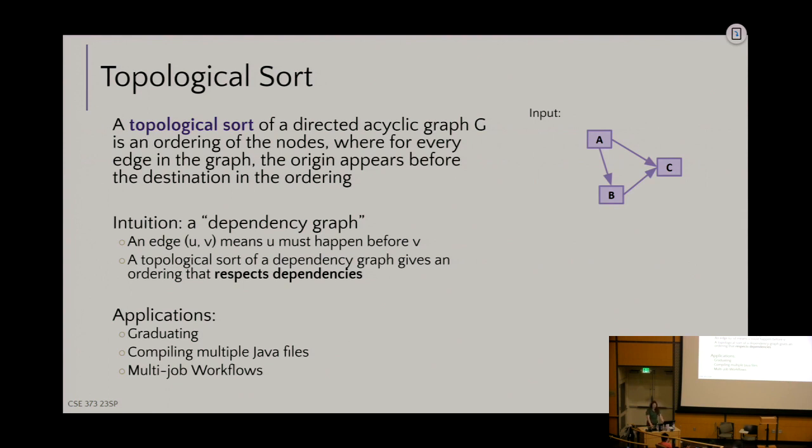Topological sort of a directed acyclic graph provides an ordering of the nodes where, for every edge in the graph, the origin appears before the destination. It is a way to take this two-dimensional map of graph land and give me a linear ordering where every origin comes earlier in the ordering than its destination.